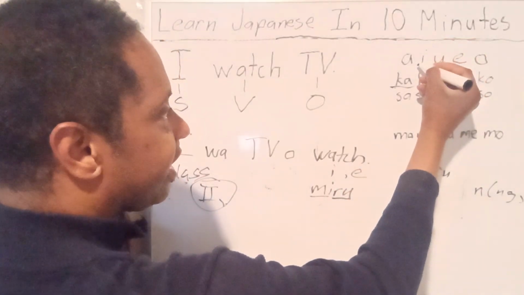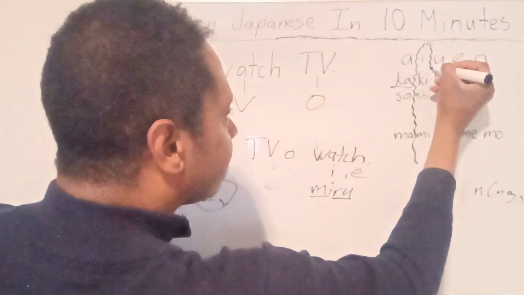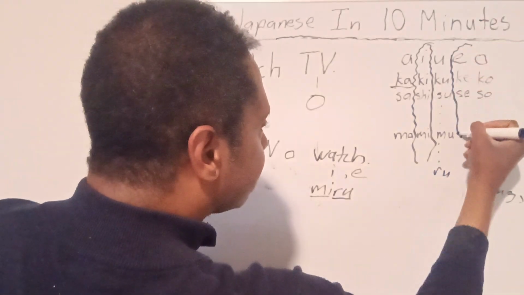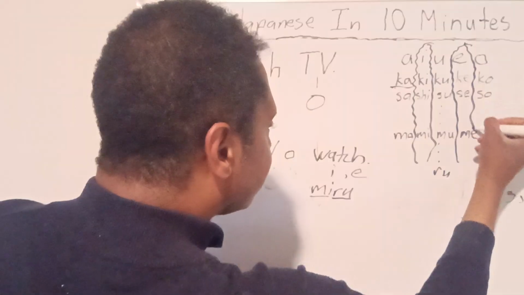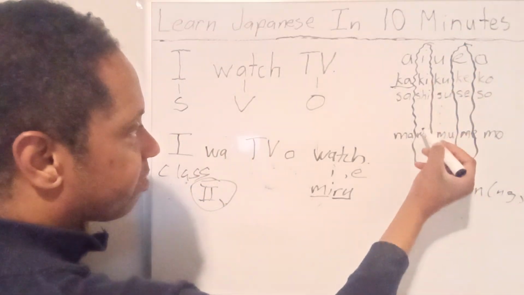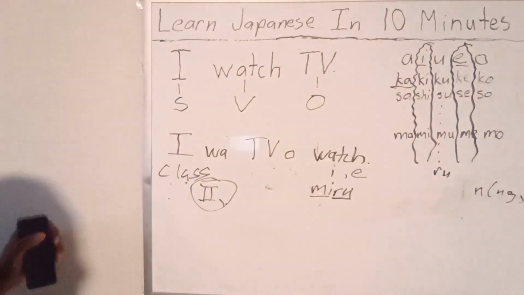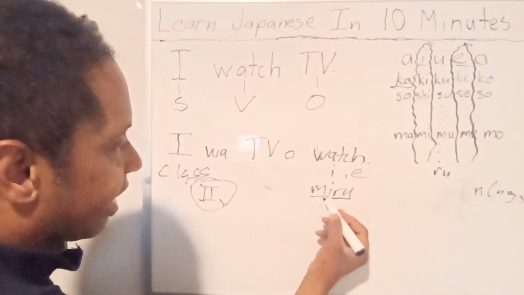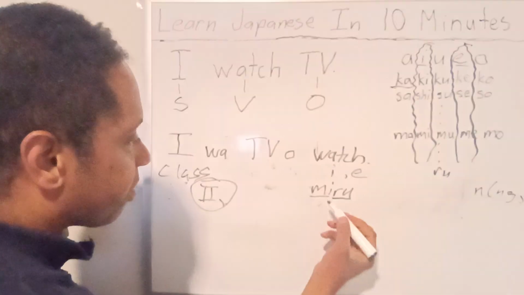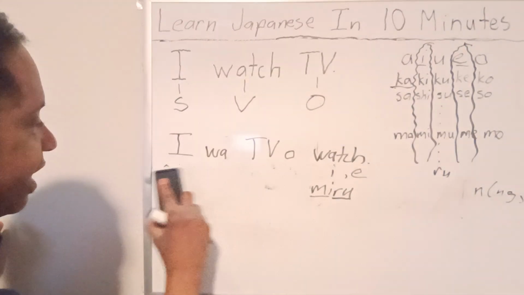So this is the E column here, and this is the I column. In this case, me is from the E column. So it ends in ru preceded by me. That's a class 2 verb.